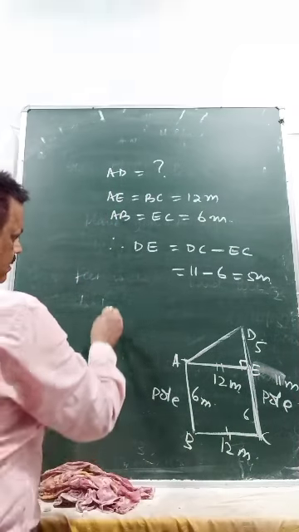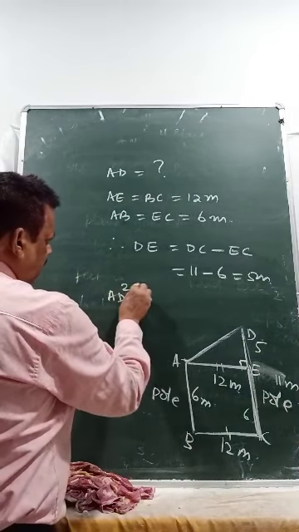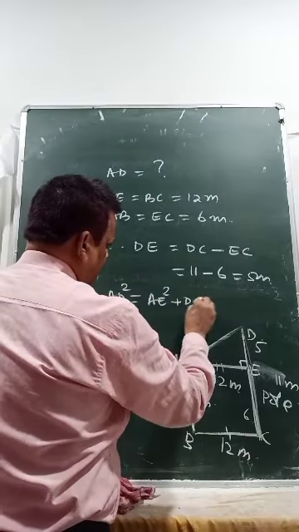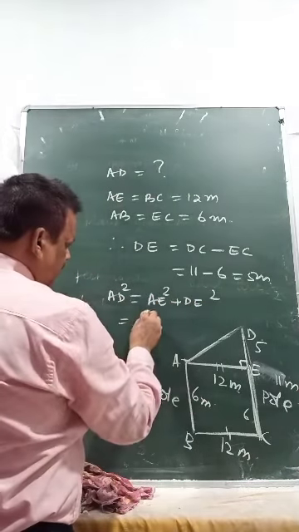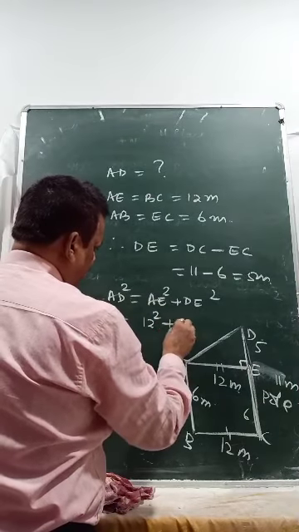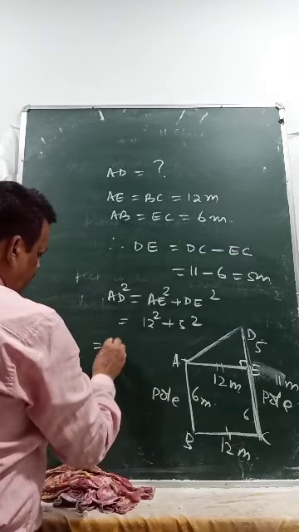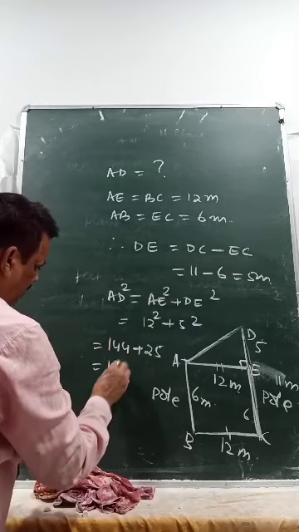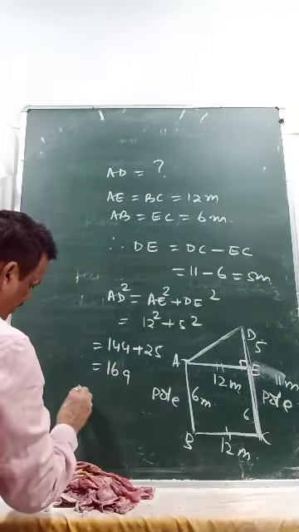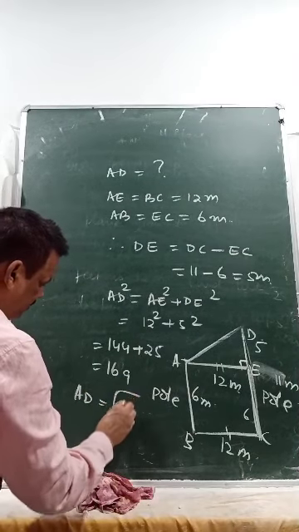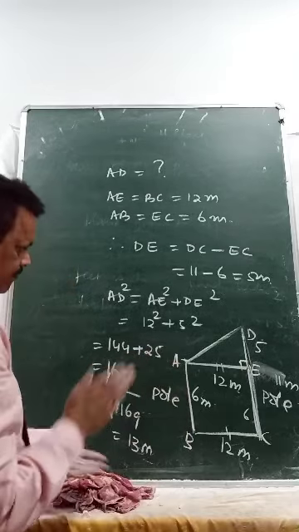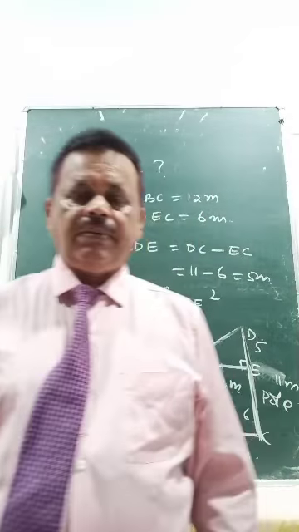So AD square equals to AE square plus DE square. That means 12 square plus 5 square. That is 144 plus 25. That is 169. AD is root over of 169. That is 13 meter. Okay. So the remaining we will do tomorrow.